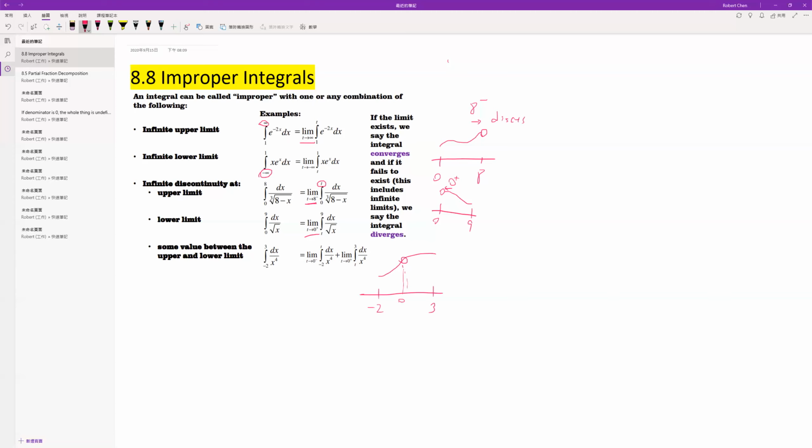So we will take this interval, -2 to 0 from the left-hand side, and then another one would be from 0 approaching from the right-hand side to 3. So splitting up into two separate improper integrals. And let's see how that works out.